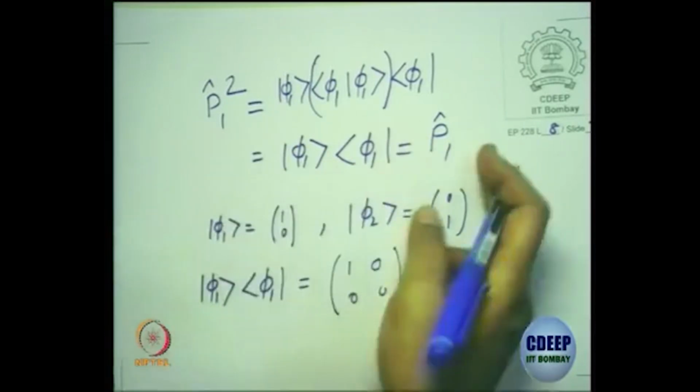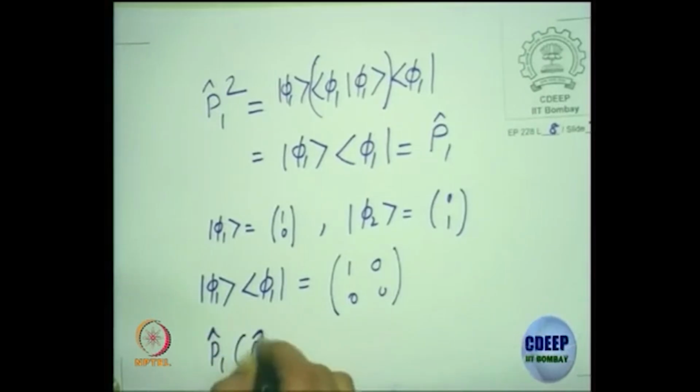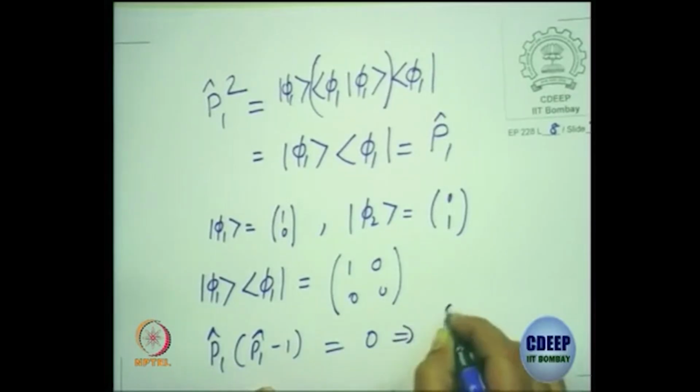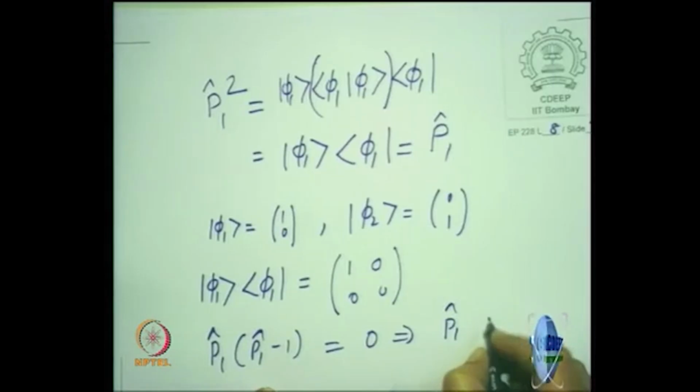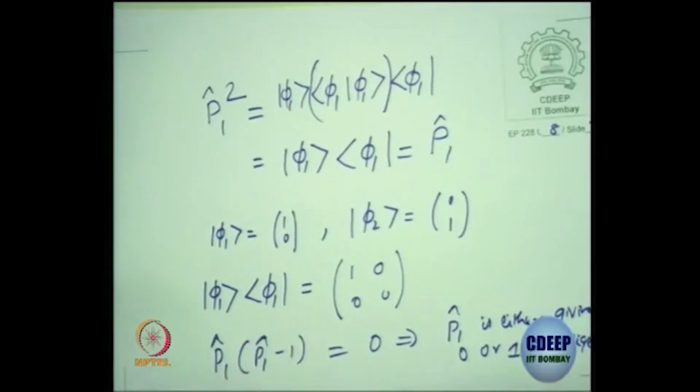You can also satisfy that from P1 squared minus P1; you can solve that equation. P1 squared minus P1 equal to 0 implies P1 gives either 0 or 1 as eigenvalues, right.